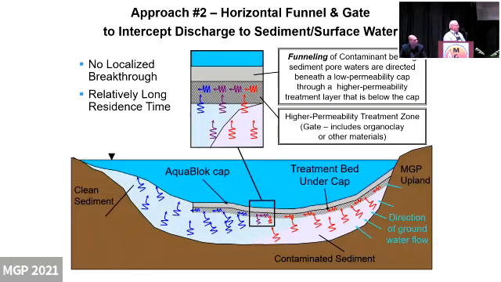If you have some residual contaminants coming out of the ground, you can use a permeable treatment layer underneath a low permeability layer. As groundwater and or contaminants move laterally below that low permeability layer, the contaminant is removed before the water ultimately comes out from underneath the layer.